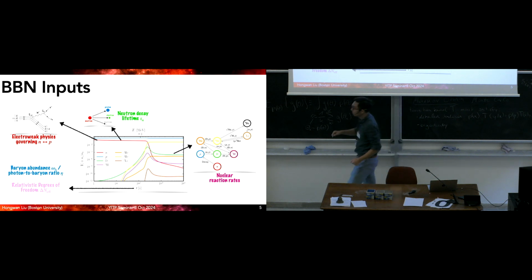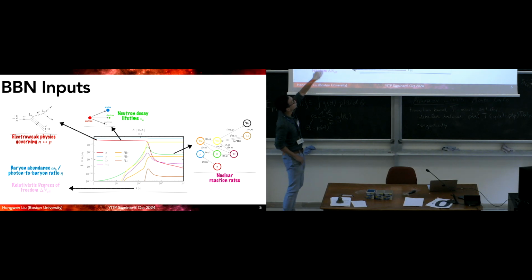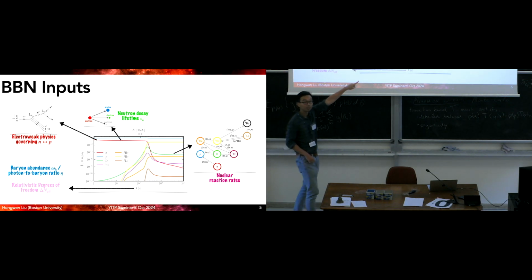Then the two cosmological parameters of interest to us are the baryon abundance, omega b, or sometimes I'll call it the baryon to photon ratio, which are equivalent. Then there's the relativistic degrees of freedom, delta N effective, if we are talking about extensions to lambda CDM. All right, so putting all these things together, you can get these plots.